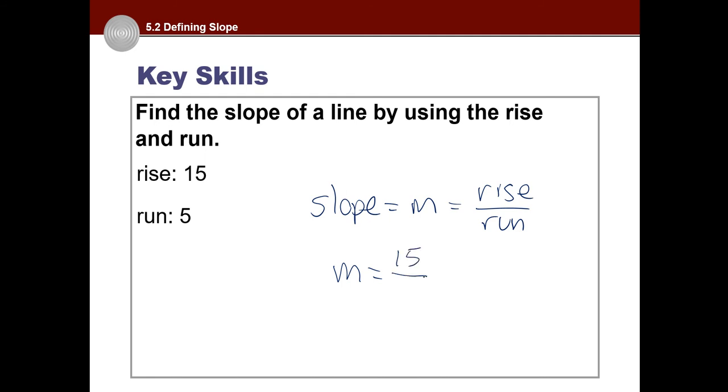Rise is 15, run is 5, and then I simplify. So m equals 3. The slope of a line that has a rise of 15 and a run of 5 is 3. That simple. If I'm giving you the rise and run, put the rise over the run and simplify.